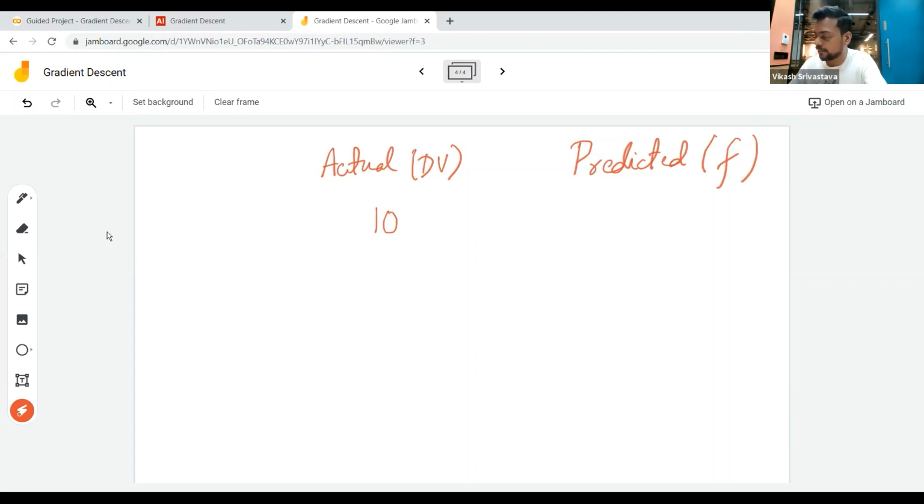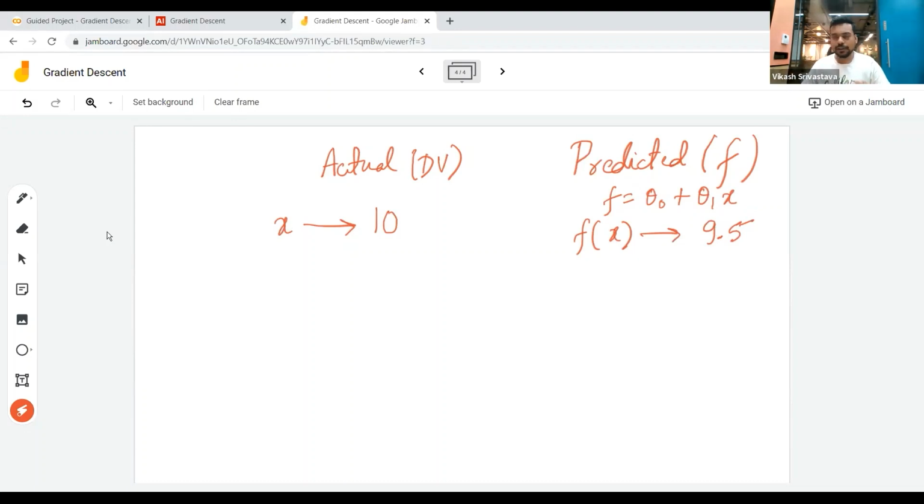For the predicted value, let's assume a basic function, theta naught plus theta 1 x, which is the basic linear function in x. For a particular x where the dependent variable equals 10, f of x gives us, let's say, 9.5. So the actual value is 10 and the predicted value is 9.5.